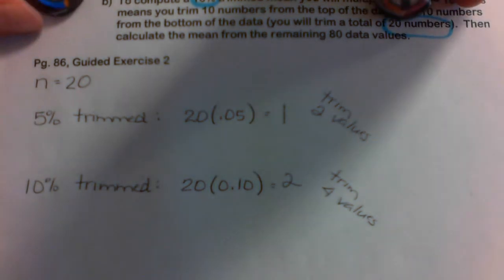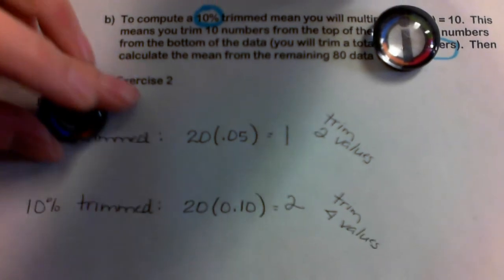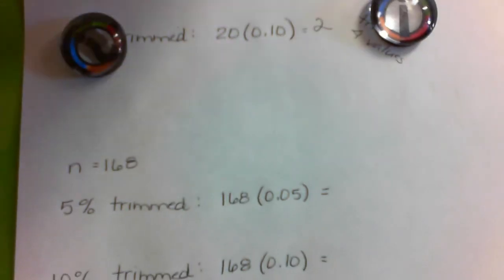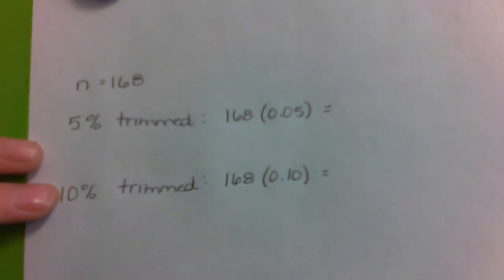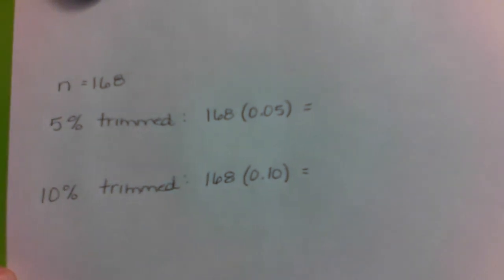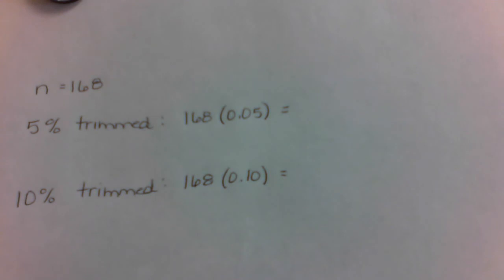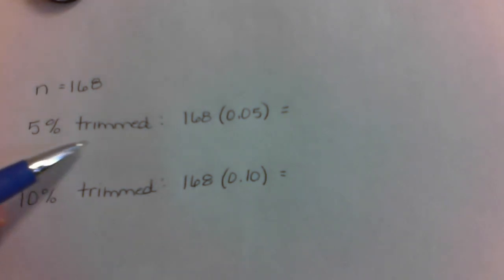Now, in that example, when we multiplied times 5% or 10%, we got a nice, neat whole number. What happens when you don't get a nice, neat whole number? Because, as we all know, life is not always nice and neat. So here's how you handle that. Say we had 168 data values, and we were going to find the 5% trimmed mean.